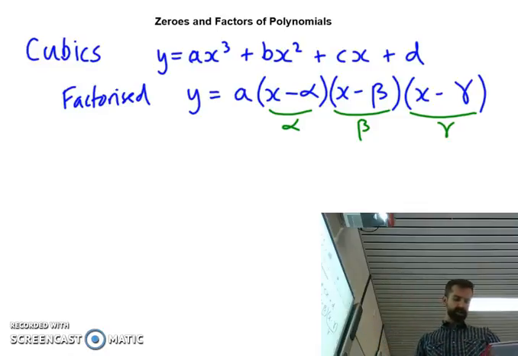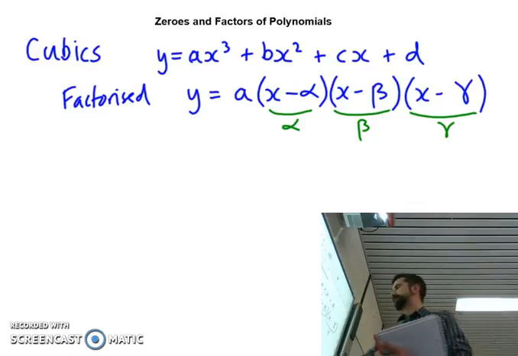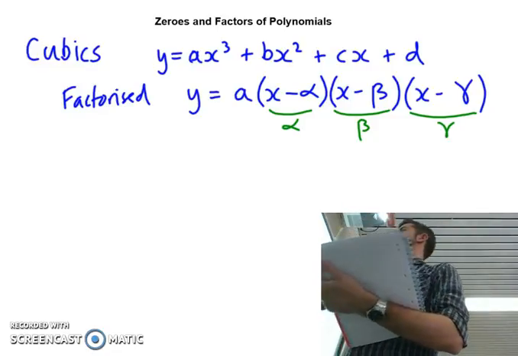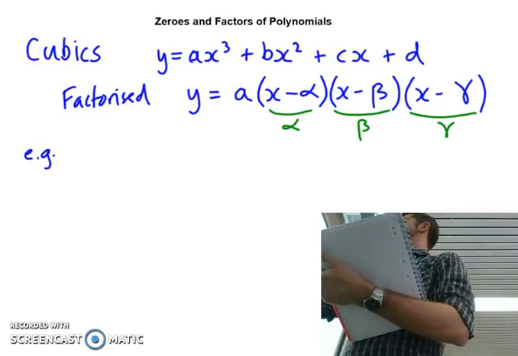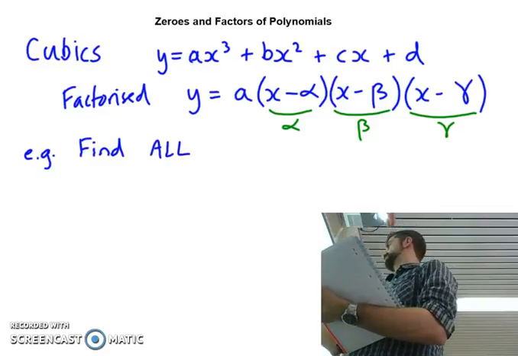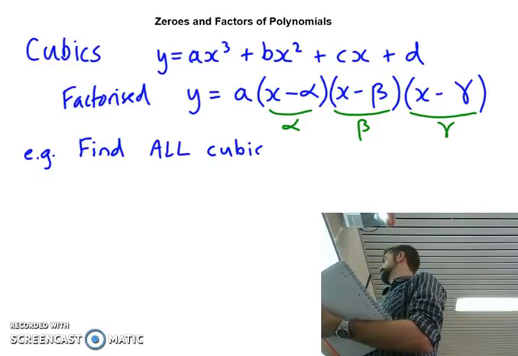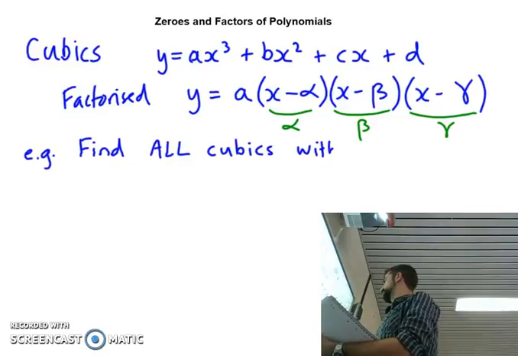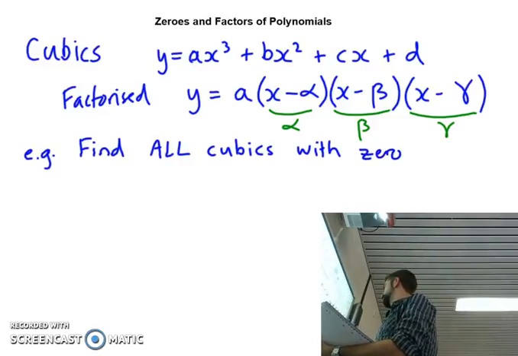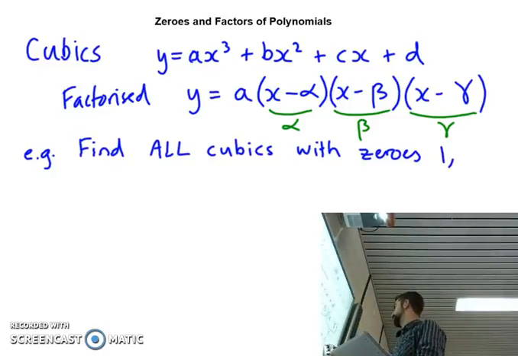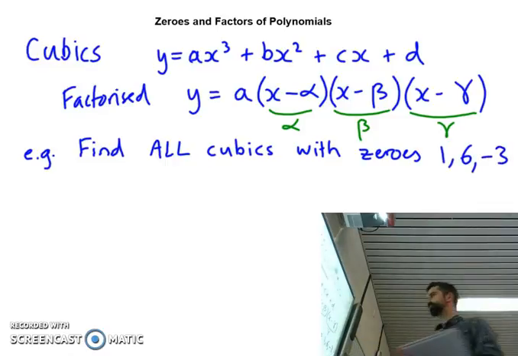Okay, so how is that useful to us? Well, let's say I get told to find all cubics with zeros 1, 6, and -3.